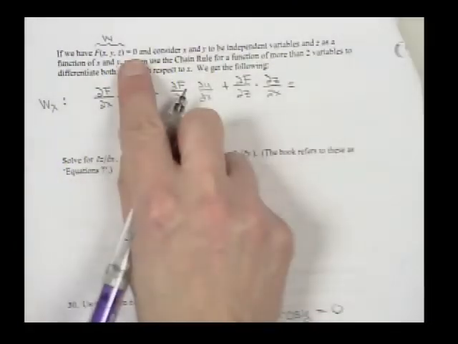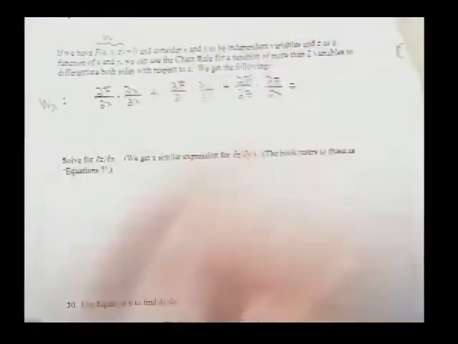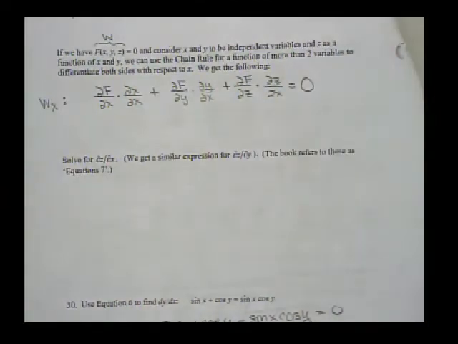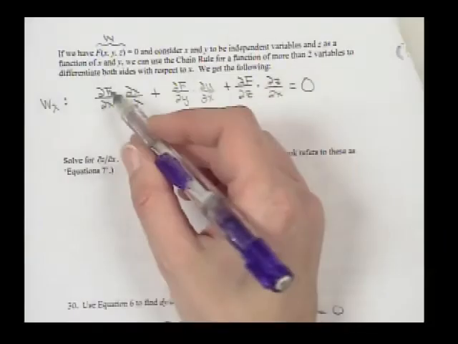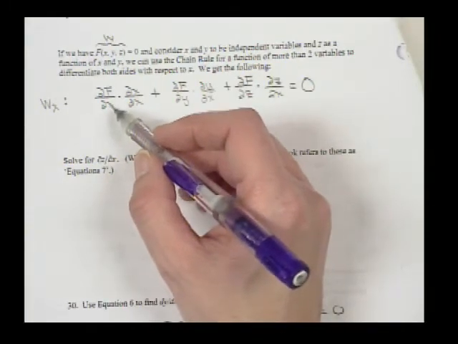And then the derivative of the other side is just 0. Since the other side is 0, its derivative is also 0. But now we want to simplify each of these terms. We don't know what the function is, so for the partial of f with respect to x, there's nothing else we can do with that. We're just going to leave that as the partial of f with respect to x.